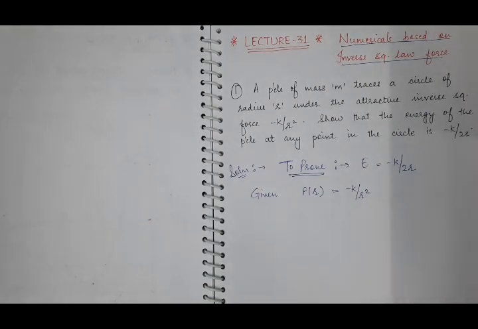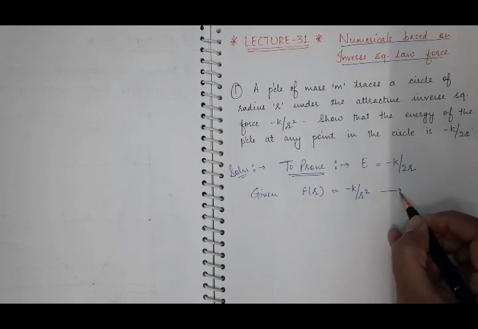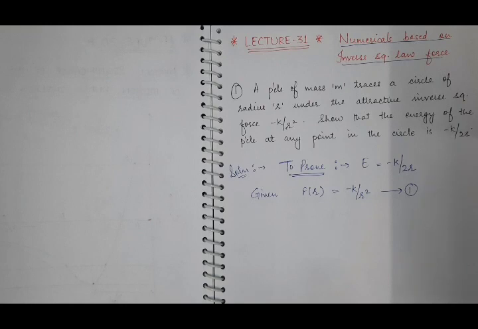And we know that the formula for total energy is equal to radial kinetic energy, that is half m r dot square, plus centrifugal potential energy, that is L square by 2mr square. So suppose this as equation 1.